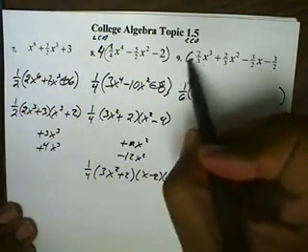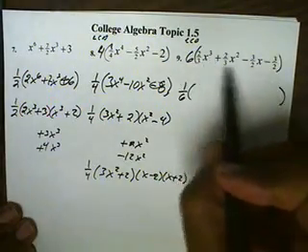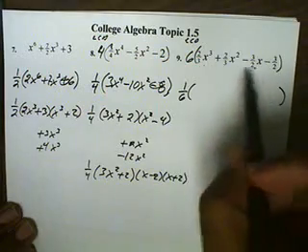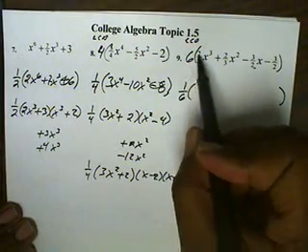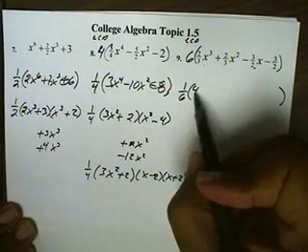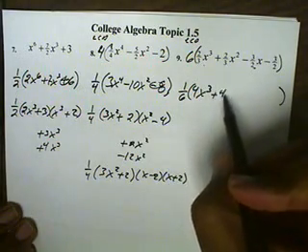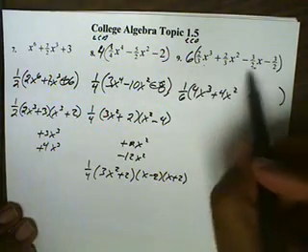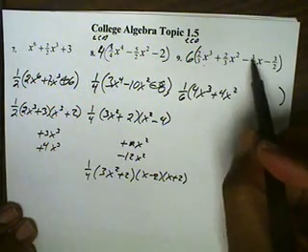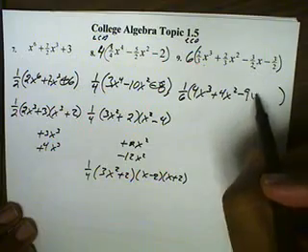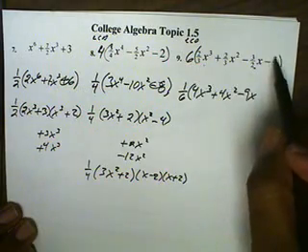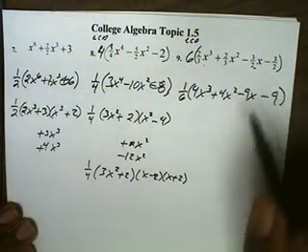To do that, we're going to multiply the original problem here by 6. So 6 times 2/3 will be 4x cubed, and the next will be positive 4x squared, and 6 times negative 3/2 will be negative 9x, and 6 times negative 3/2 will be negative 9.